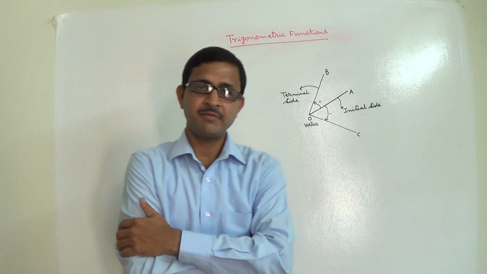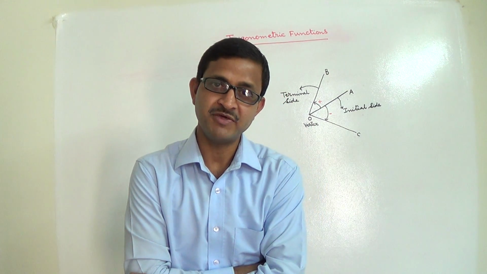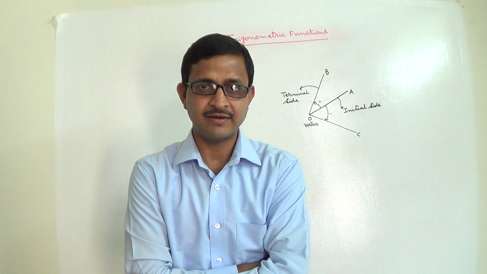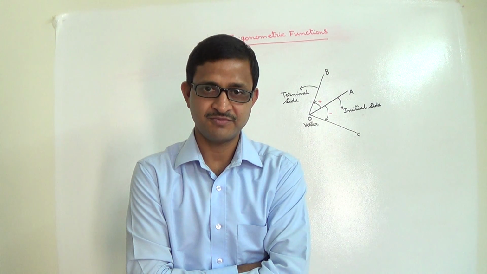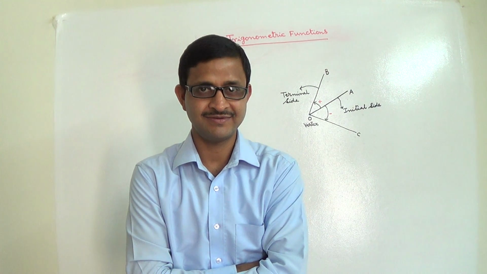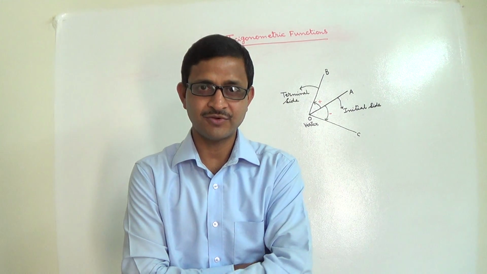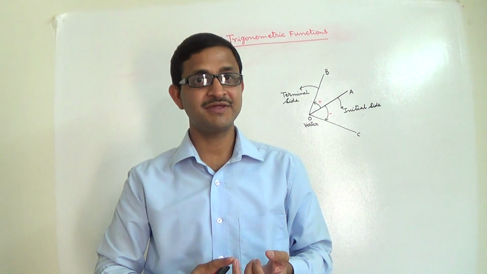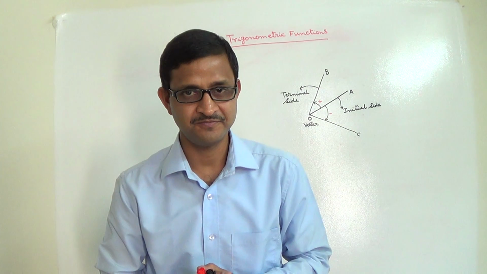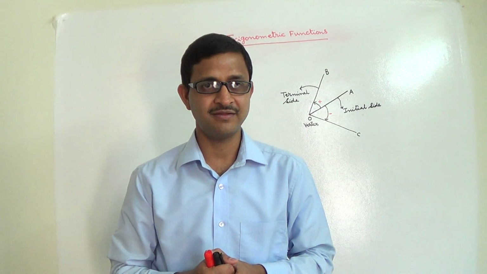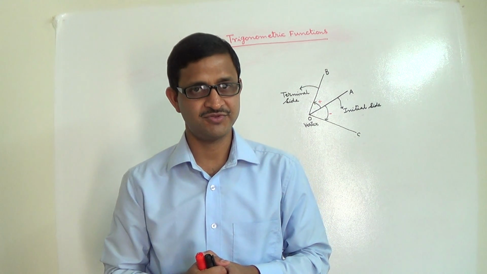Now we are coming to the discussion about the measurement of angle. Like other quantities, for example weight and height, angles also have measurement. Not only that, we can measure them in different systems. Here also, in angles, we can measure angle in different systems.